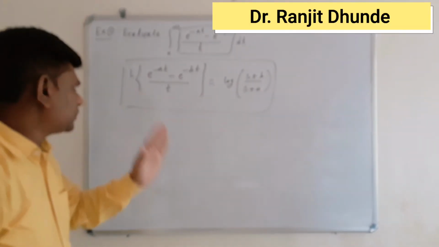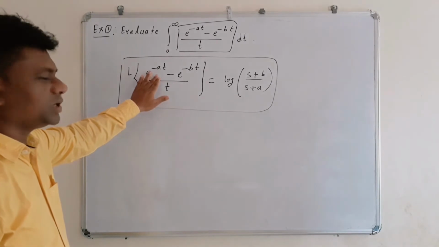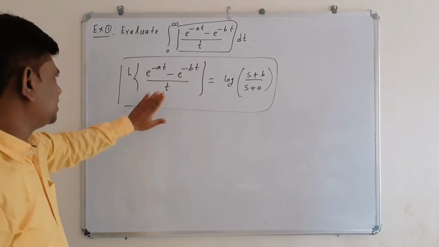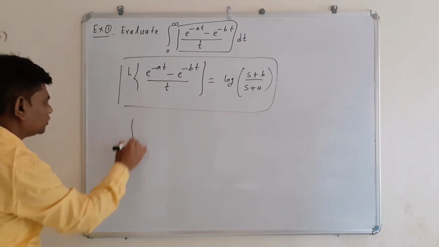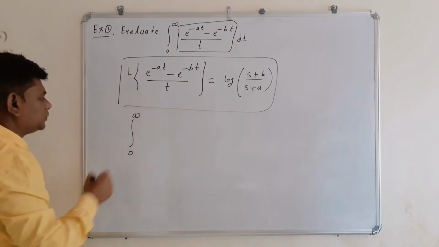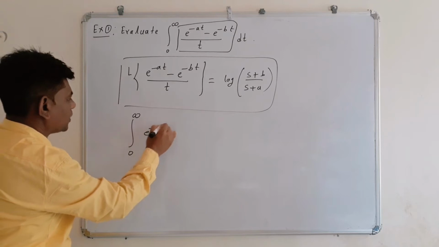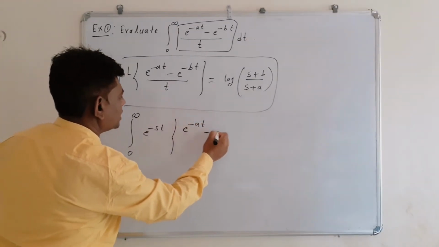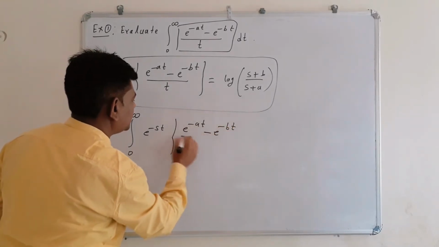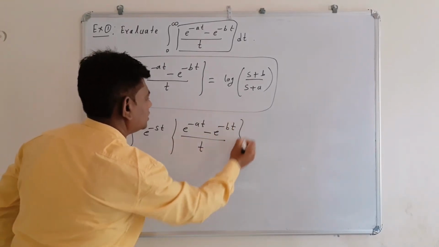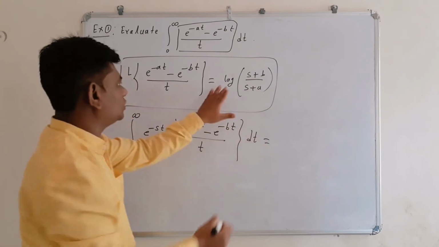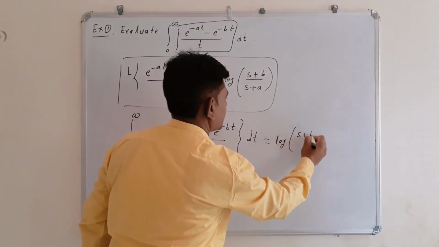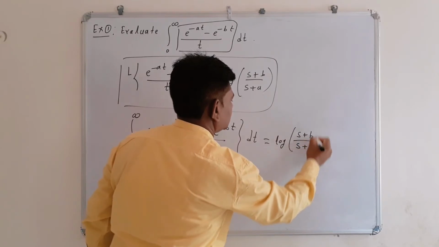Now by using the definition, Laplace transform of e to the power minus at minus e to the power minus bt upon t is equal to integration 0 to infinity e to the power minus st times e to the power minus at minus e to the power minus bt upon t dt, and this is equal to log of s plus b upon s plus a.